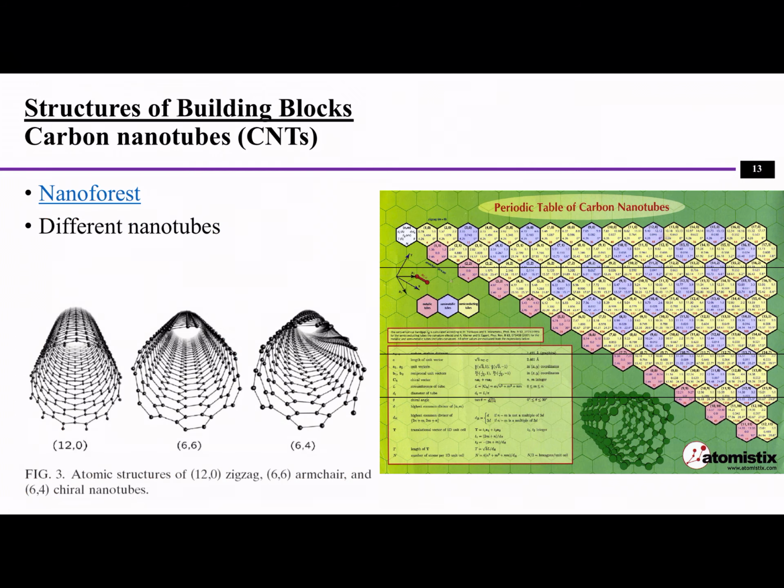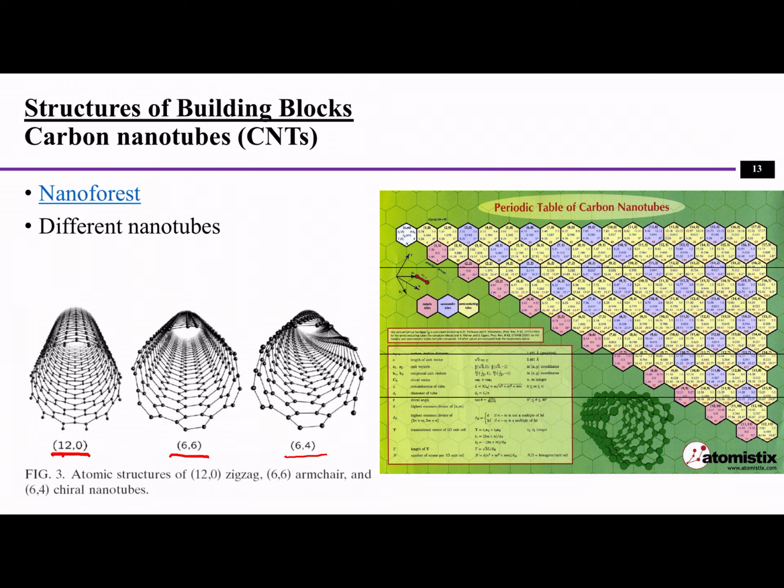Something to note is that here you can see the different shapes. This is a zigzag, this is the armchair, and this is the chiral carbon nanotube. It depends on the length, the angle, as well as some other vectors.